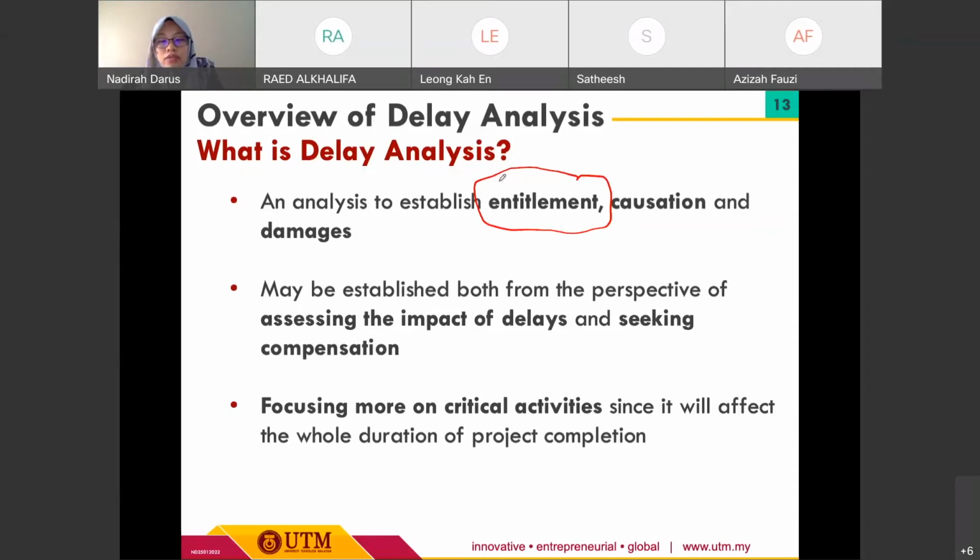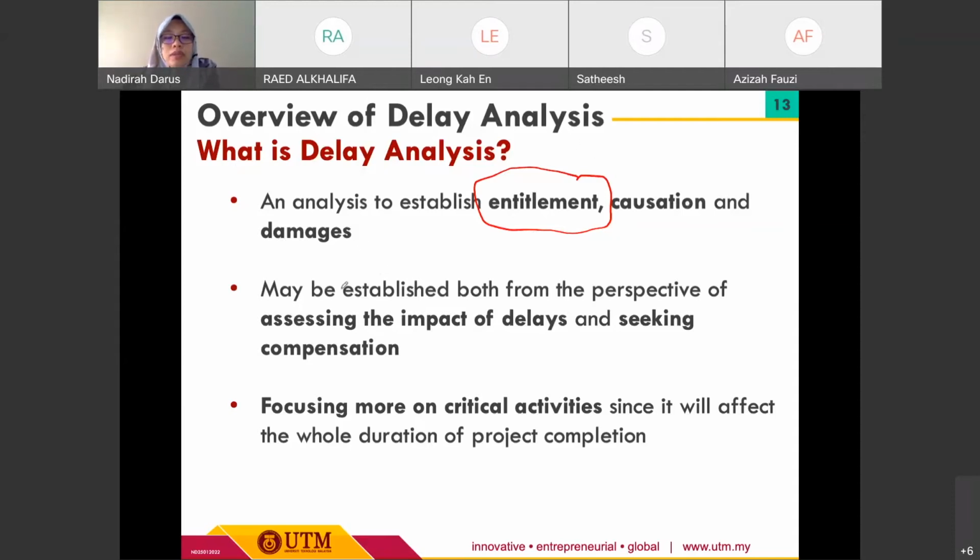We try to investigate back the cause, the sources of the delay.